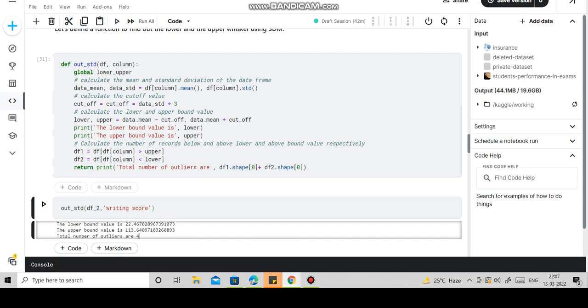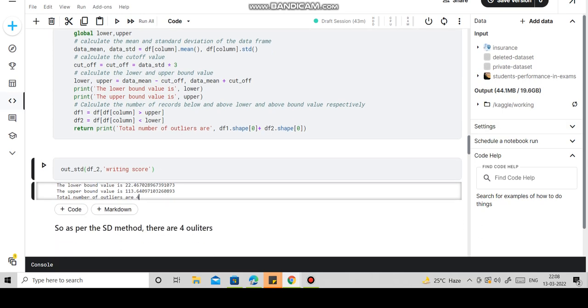We set the cutoff as the standard deviation times 3, that is, the third standard deviation. So any point which is lesser than the mean minus the cutoff, or any data point which is beyond the mean plus the cutoff, is an outlier beyond the upper or the lower limit.